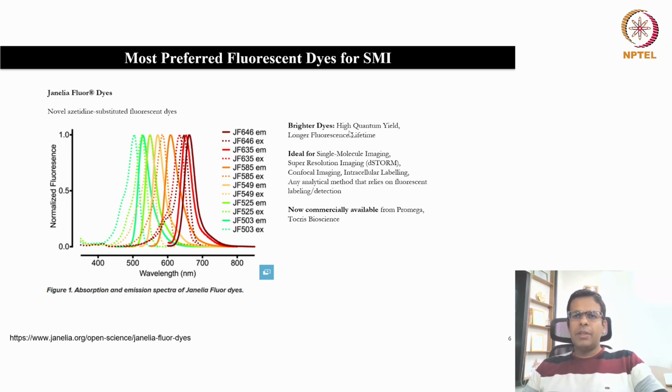This dye has the advantage over other dyes like the Alexa Fluor dyes: it has a high quantum yield, and its fluorescence lifetime is longer, because for single molecule imaging we really need a dye by which we can observe the molecule for a longer time. If you use a dye which can be photobleached easily, then those dyes are not good for single molecule imaging, and you need a dye which shows good photostability.